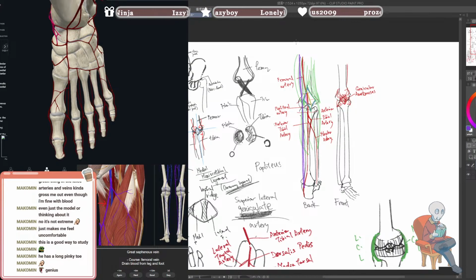Fine. Since there are two very long ones that I don't need to remember all the segments, this one will be called the femoral vein, and the other one would be called the great saphenous vein.